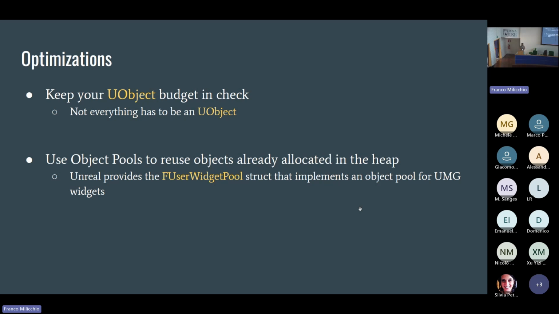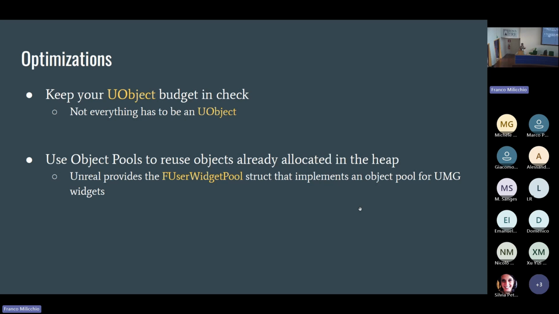For example, I am a UI programmer, so I have to deal with this a lot. Unreal provides the FUserWidgetPool, a struct that automatically implements an object pool for UMG widgets, and you can use that in a lot of ways.